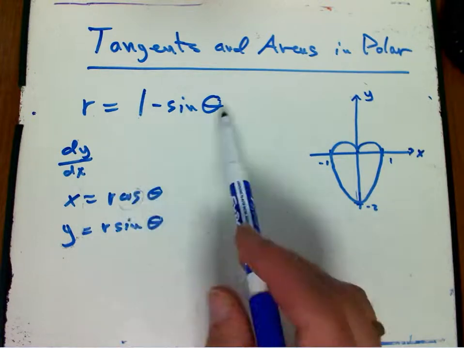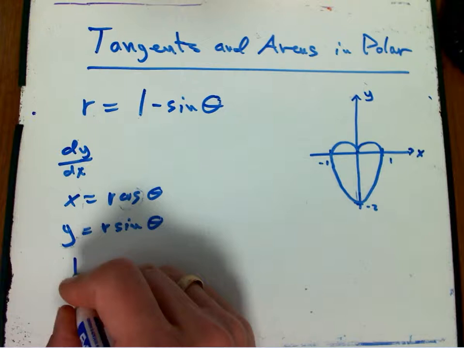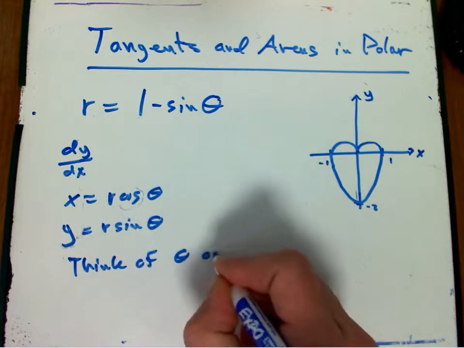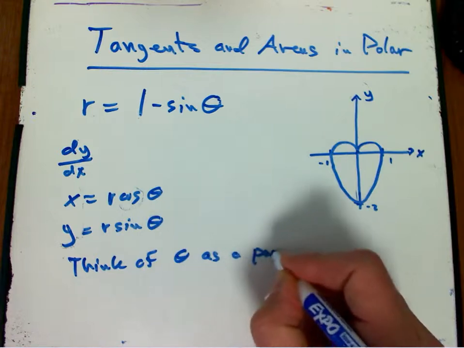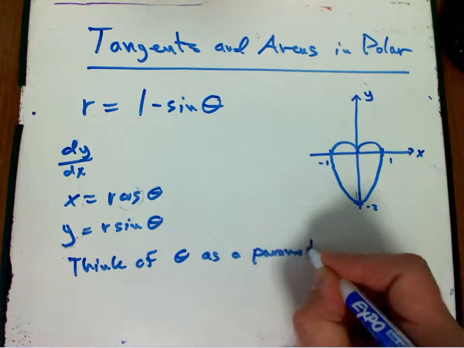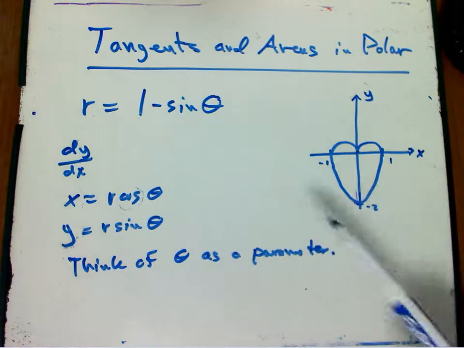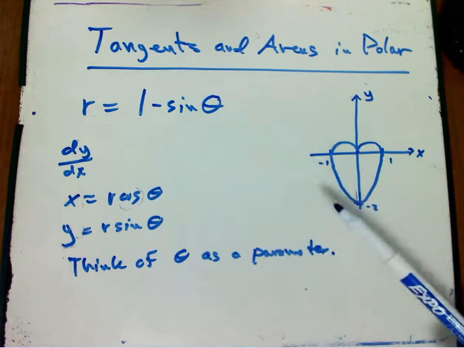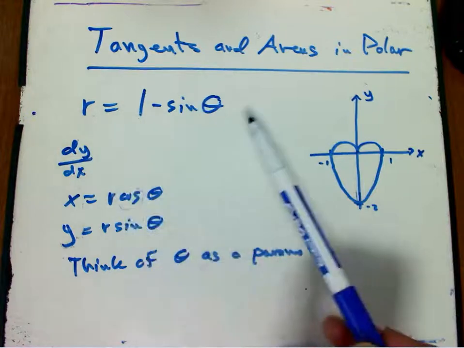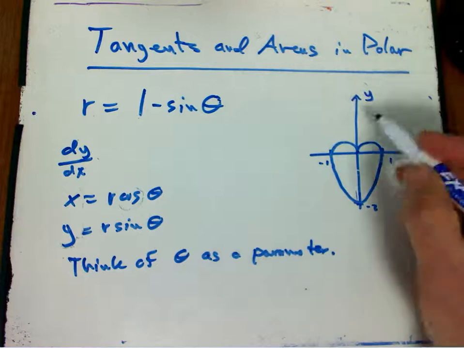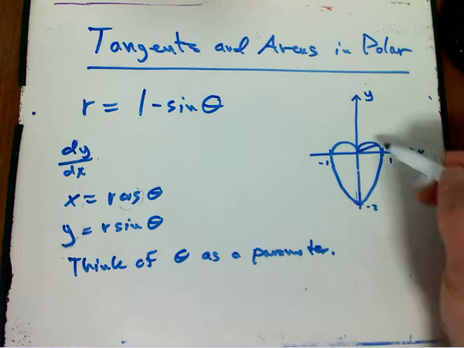And so what I've got is a situation where I can think of theta as the parameter for a parametrized curve. Now I want to make sure I say there's a lot more to polar coordinates than just a certain kind of parameterized curve. You really want to think of r and theta geometrically in their roles as measuring angles and measuring distances away from the origin.